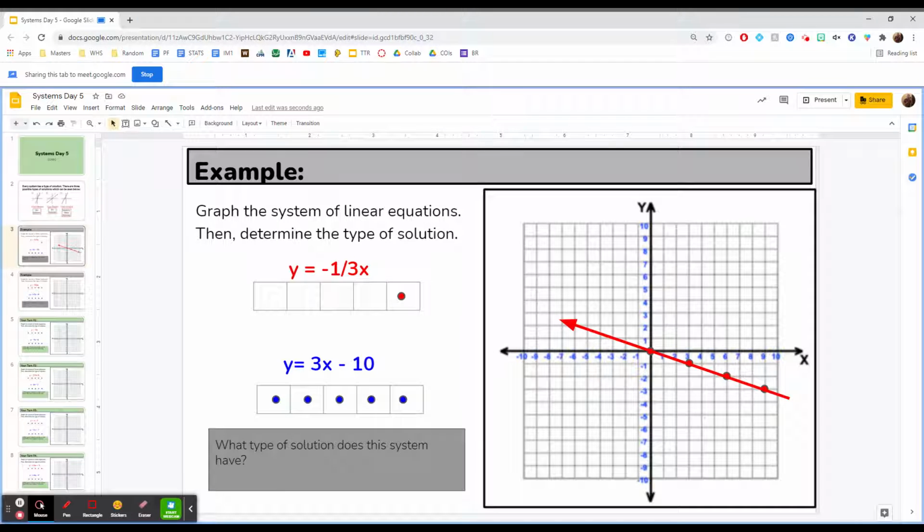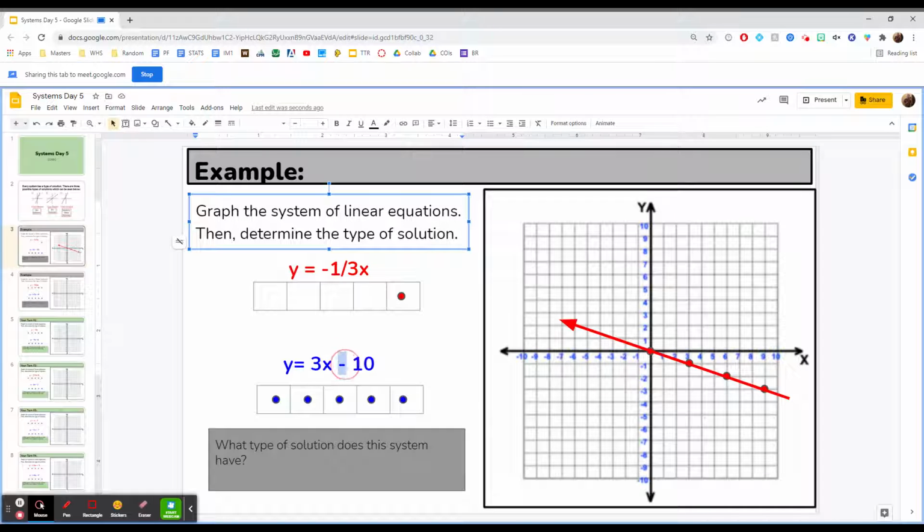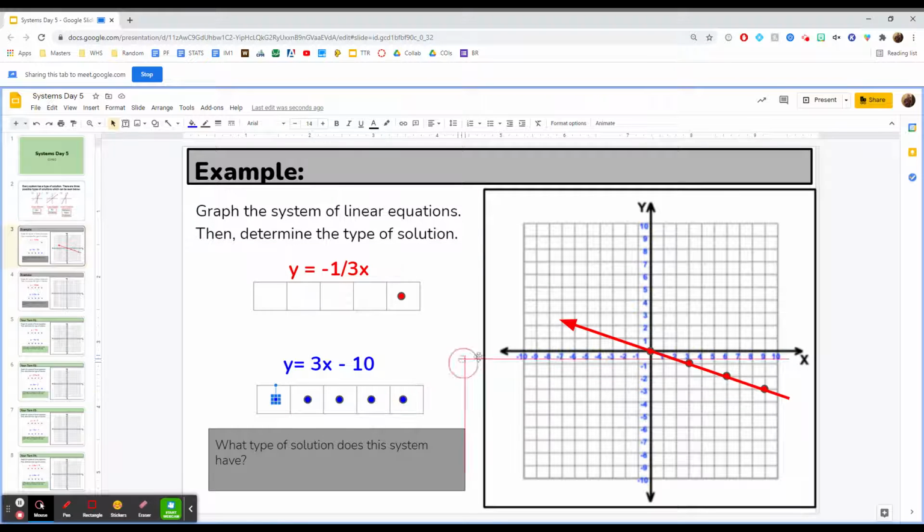Okay, now to do the second line, I do have a y-intercept and a slope. The y-intercept is -10, and the slope is 3. The change in y is 3, and the change in x is 1. So I'm going to start with my y-intercept, which is -10, and then go up 3 and over 1 to the right. I'm gonna do it one more time, up 3 over 1.